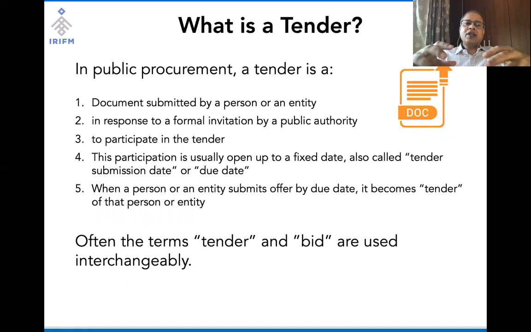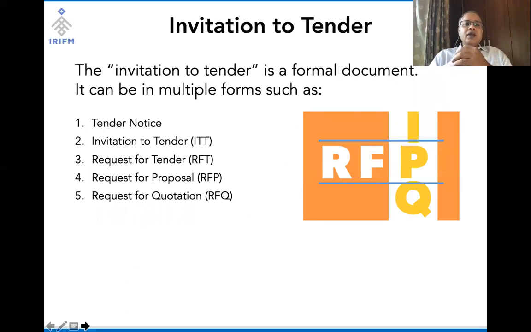To sum it up, a tender is a document which is submitted by a person only when a public authority invites for a tender, right? And this is submitted at a due date in a standard form, process, and procedure, and that's what we are going to discuss further.